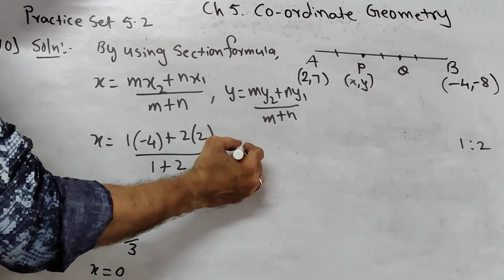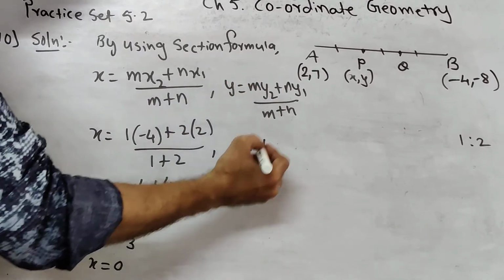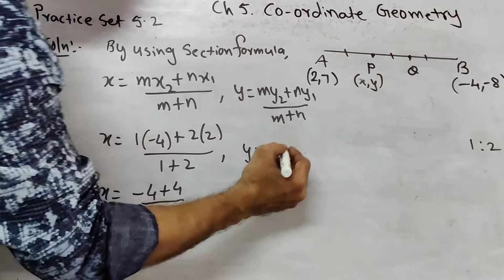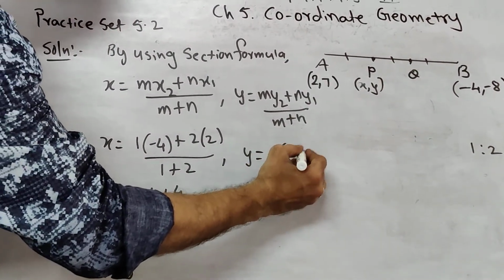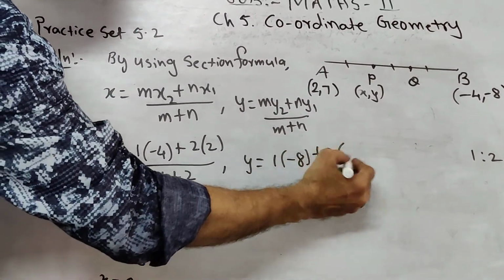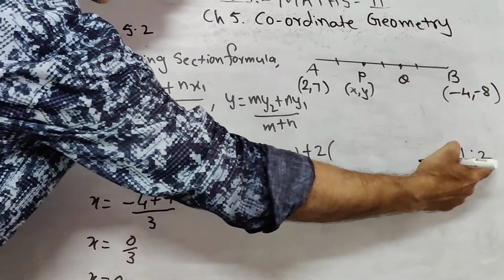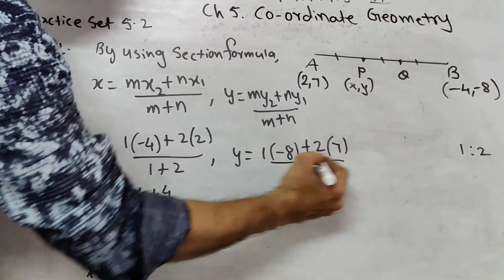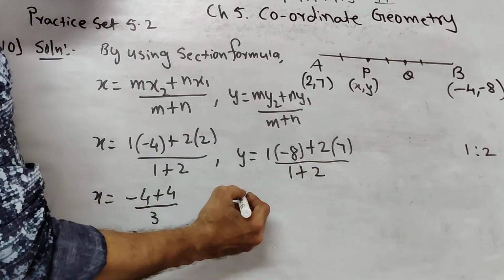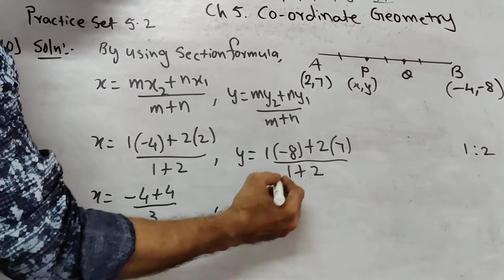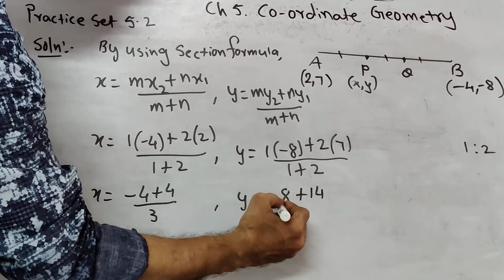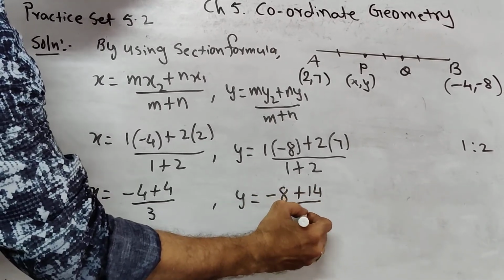So now y is equal to m is 1, y2. Y2 is -8 plus n is 2. Okay, this is m, this is n, and y1 is 7 upon 1 plus 2. So y is equal to -8 plus 14 upon 3.